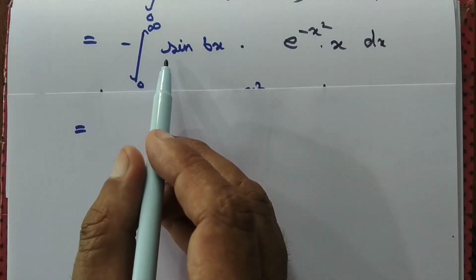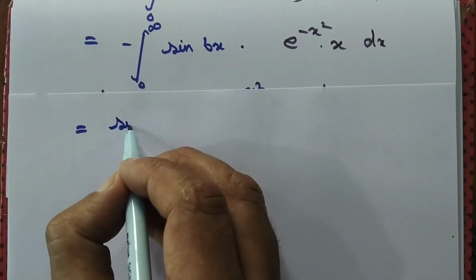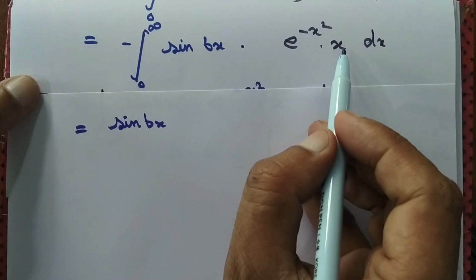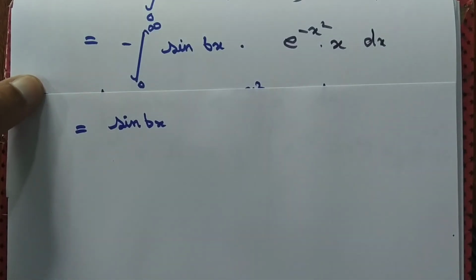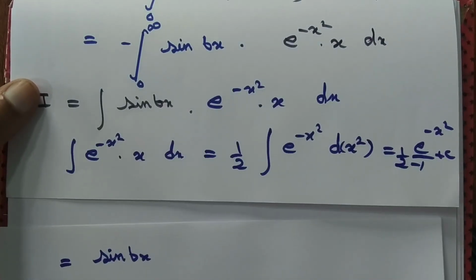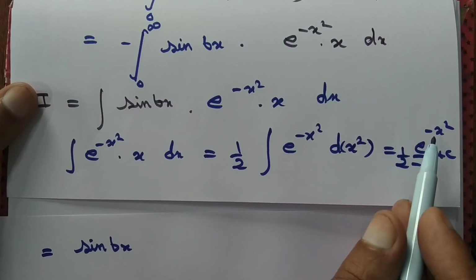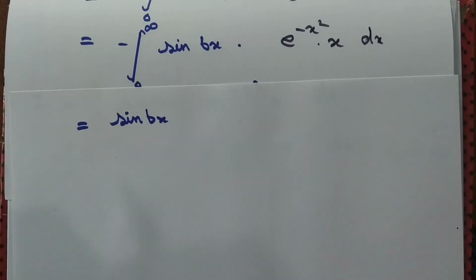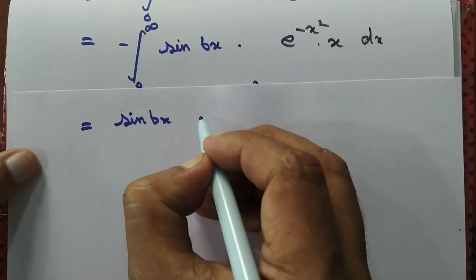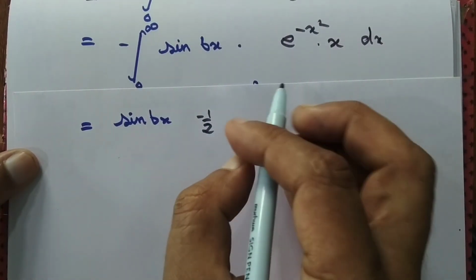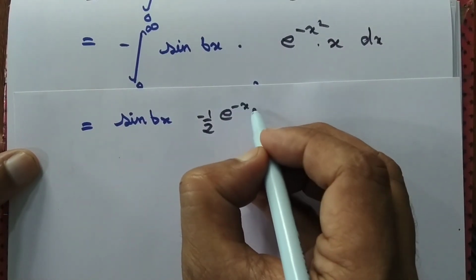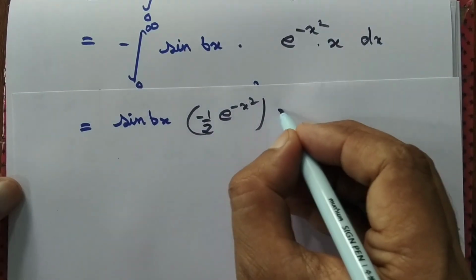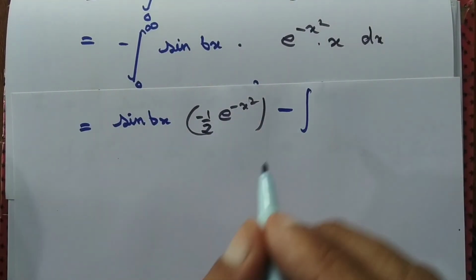Now let us apply the product rule. First function sine bx, the integral of e to the power minus x square and x dx is minus half of e to the power minus x square. So the integral of the second function is minus half of e to the power minus x square, minus the integral of the derivative of the first function.